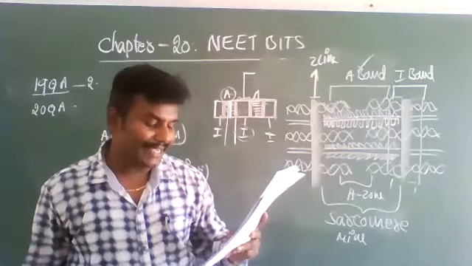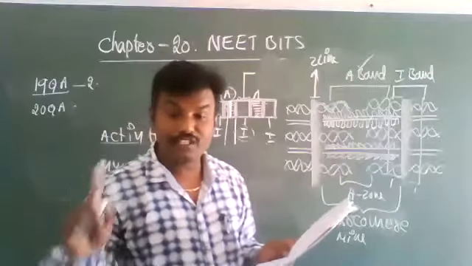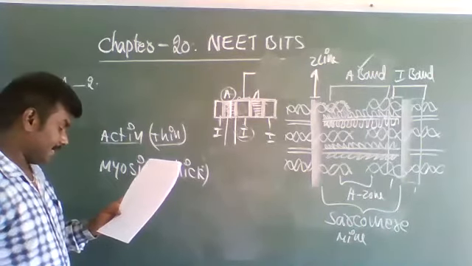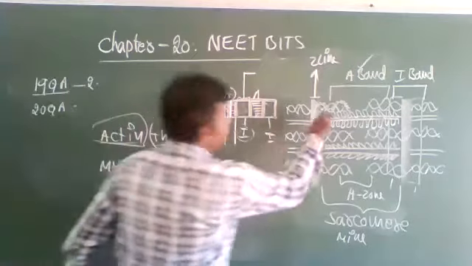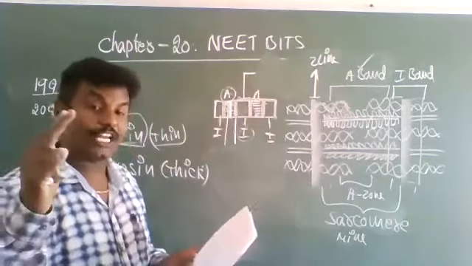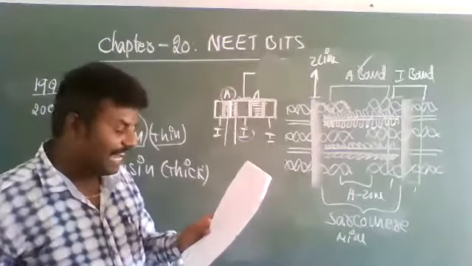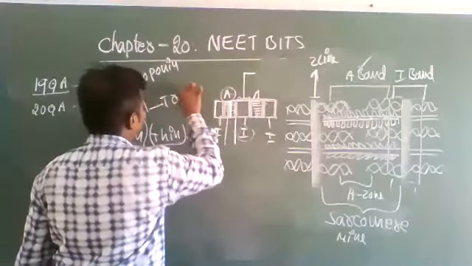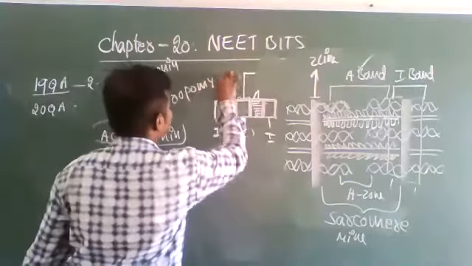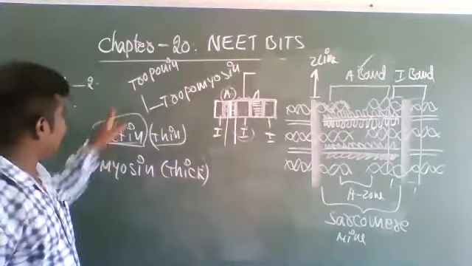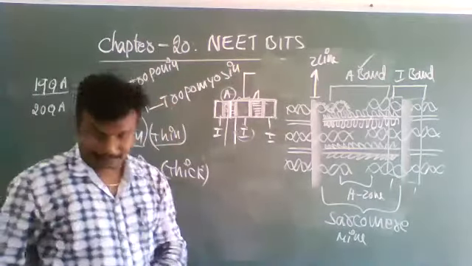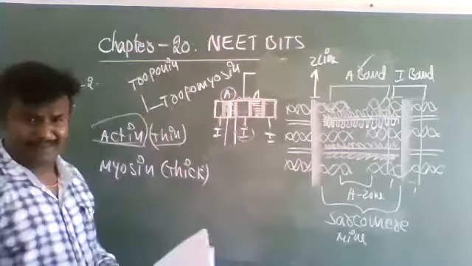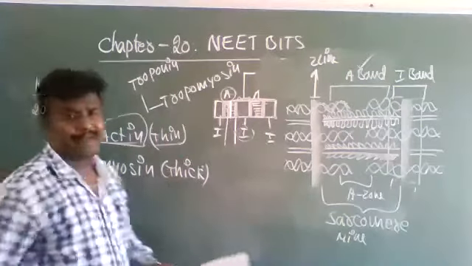Question 21: Which of the proteins is not a part of the thin filament? This is actin. The actin filament contains two types of accessory proteins, troponin and tropomyosin. That means actin, troponin, tropomyosin, these three are one part. What they asked is, not a part of the thin myofilament, then ultimately myosin.